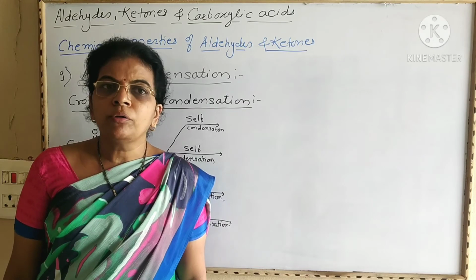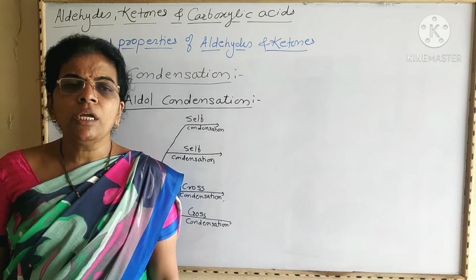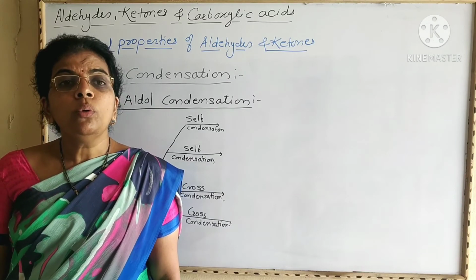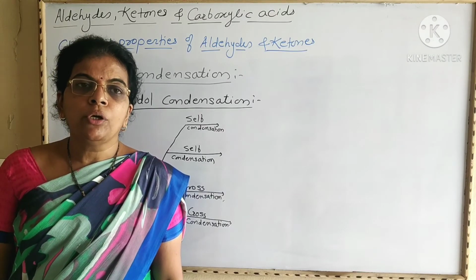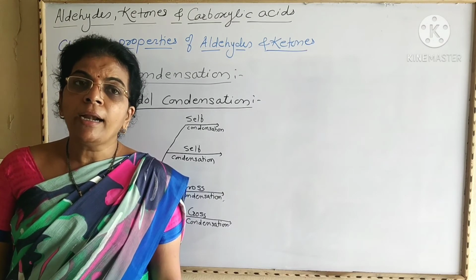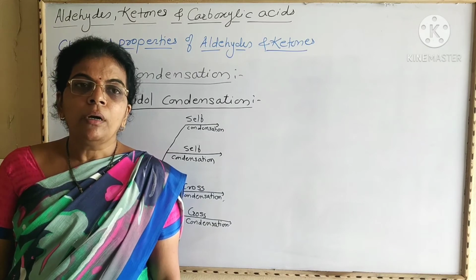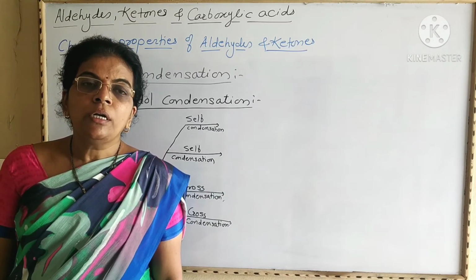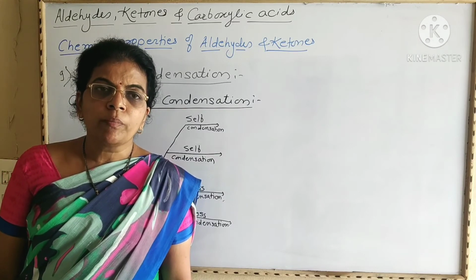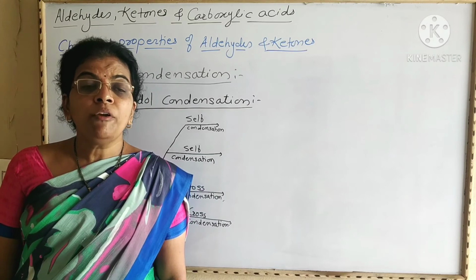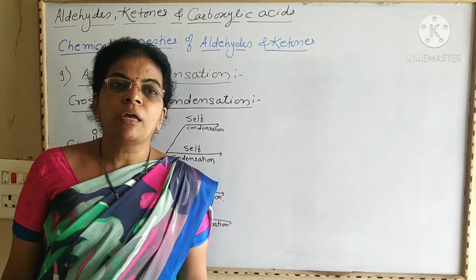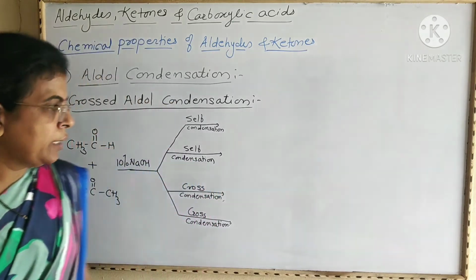In crossed aldol condensation, when two different molecules of aldehydes or two different molecules of ketones containing at least one alpha hydrogen atom react with a dilute base like 10% NaOH or KOH, four different products are formed. We are going to see how by example.